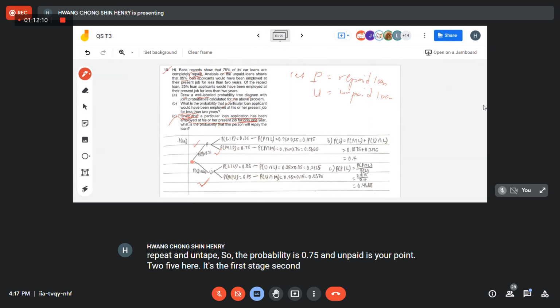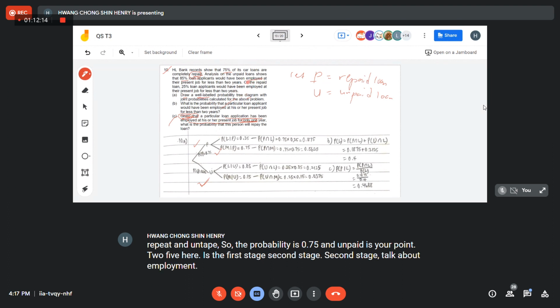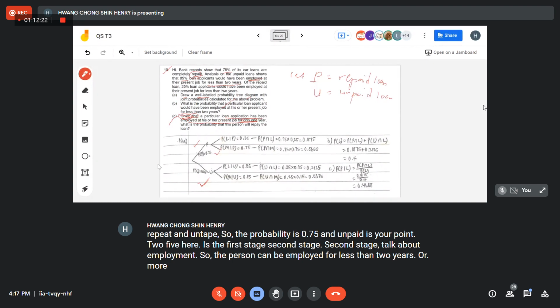Second stage. The second stage talks about employment. So the person can be employed for less than 2 years or more than 2 years. What is the symbol you use?